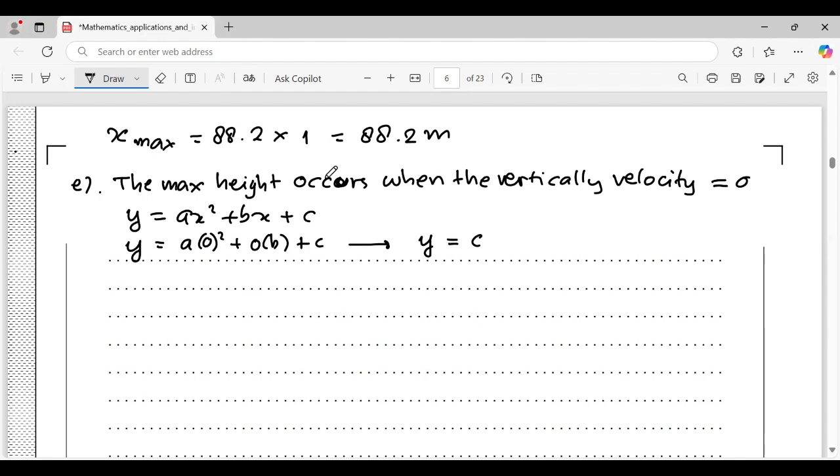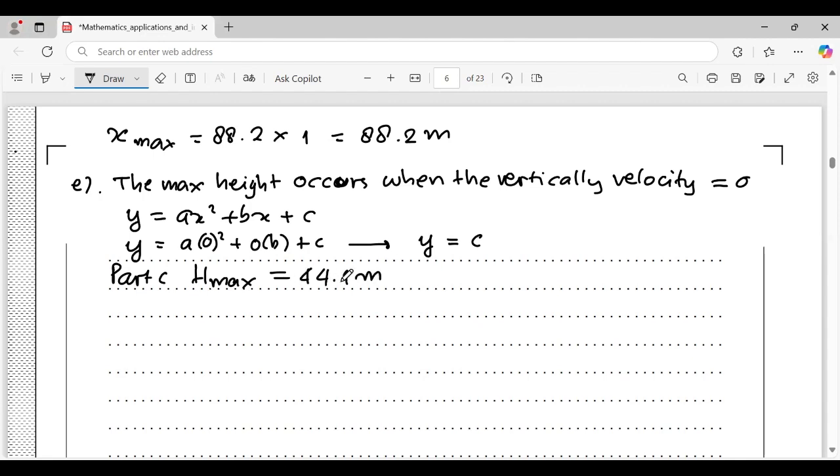From part C, that's given the maximum height, it is 44.1 meters.